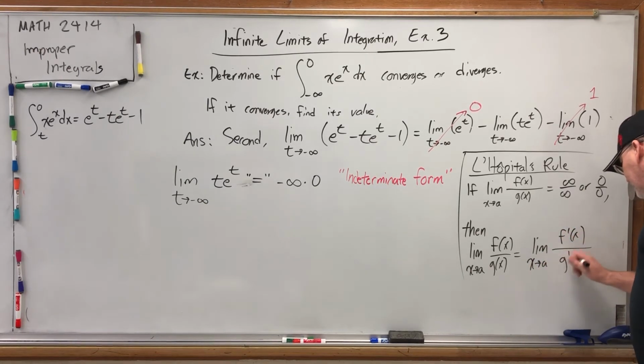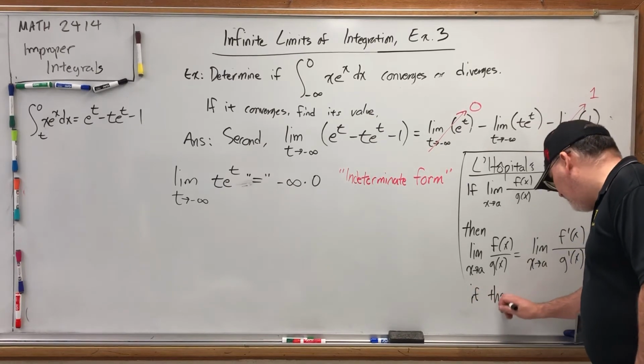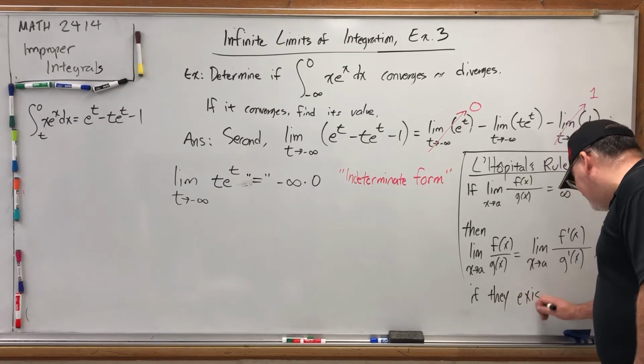Take the derivative of the top, take the derivative of the bottom, if they exist. In other words, if both limits exist, then they're going to be equal to each other.